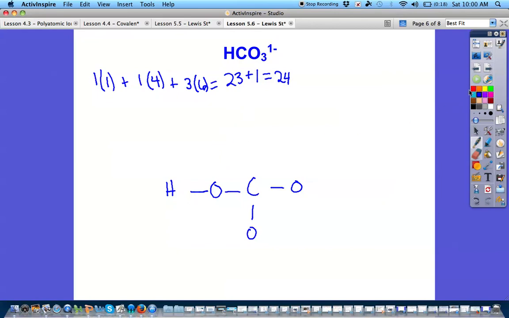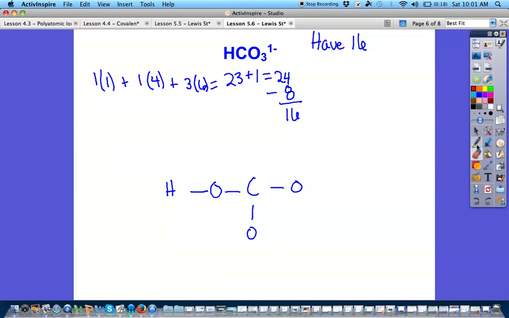So now we need to go and assess our needs. So we take away our electrons involved with bonding first. 2, 4, 6, 8. 24 minus 8 gives us 16. So we have 16. How many do we need? Well, hydrogen has its 2, so it's not going to need any.